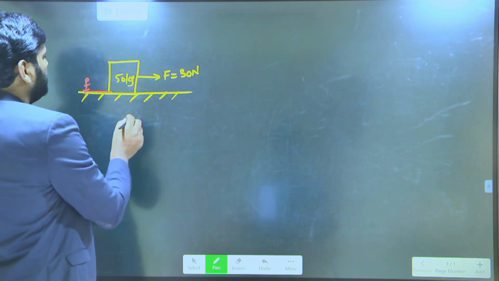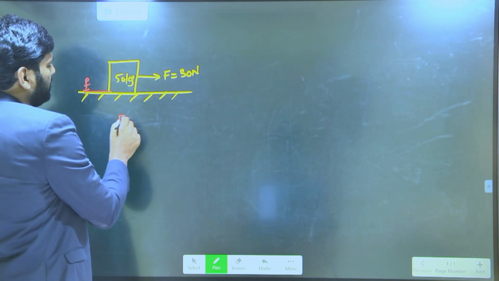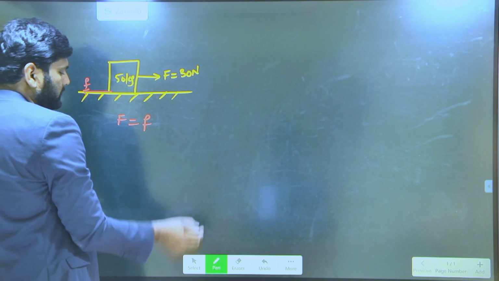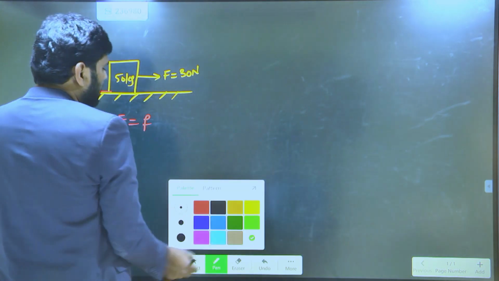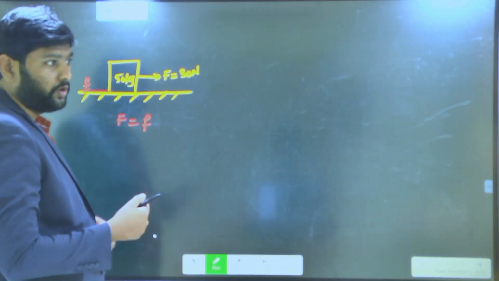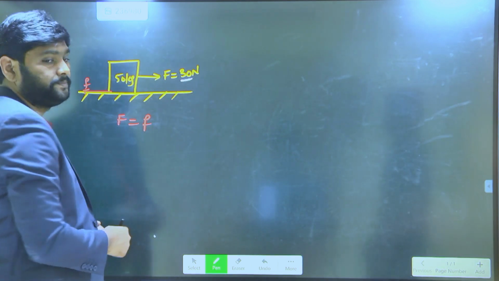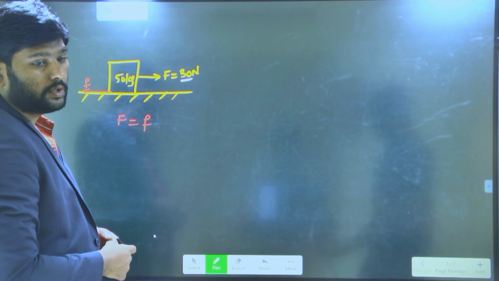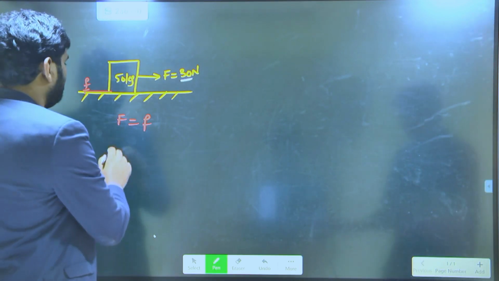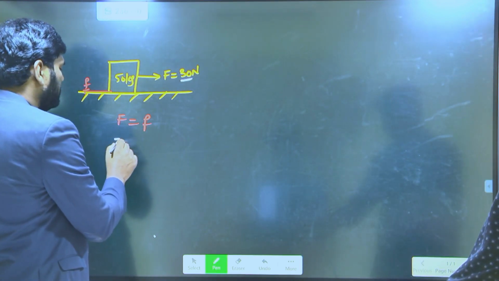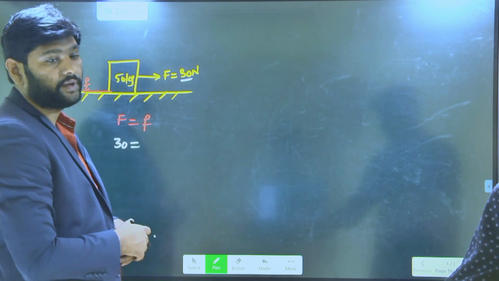So equate them: the applied force is equal to the friction force. Understand? The applied force is 30 newtons, and the weight is 50 newtons.